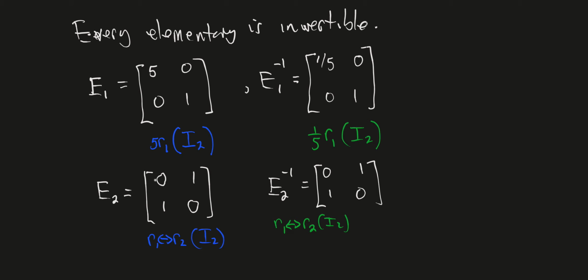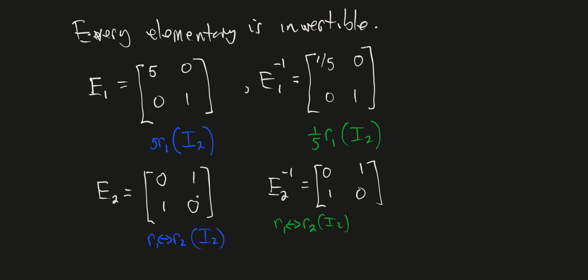And then for row 1 times column 2, I'll have a 0 plus a 0. Similarly, row 2 times column 1 will give me 0 plus 0. So again, I'll have the zeros on the off diagonal.